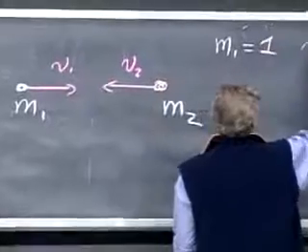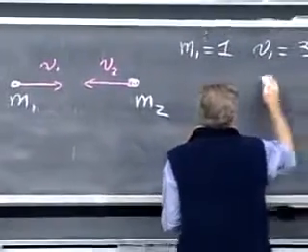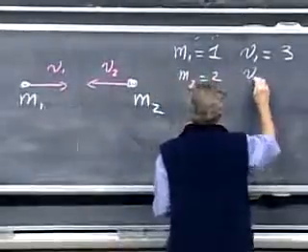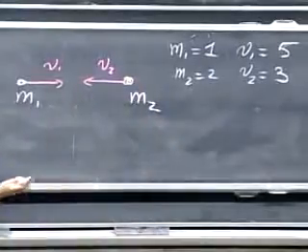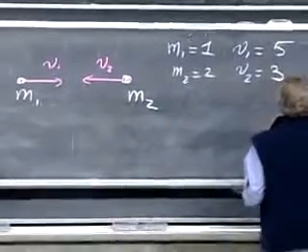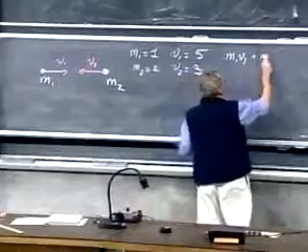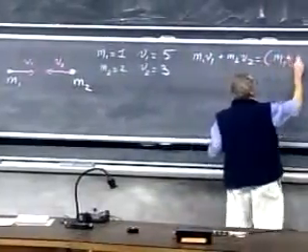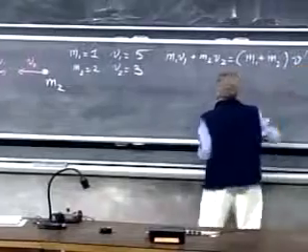M1 is 1 kilogram, V1 is 3 meters per second, M2 is 2 kilograms, and V2 equals, I make this 5 meters per second, and I make this 3 meters per second. Momentum is conserved, so I can write down that M1 times V1 plus M2 times V2 must be M1 plus M2. It is a completely inelastic collision times V prime.